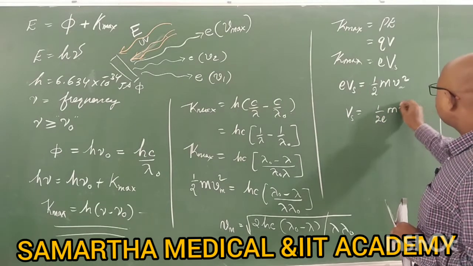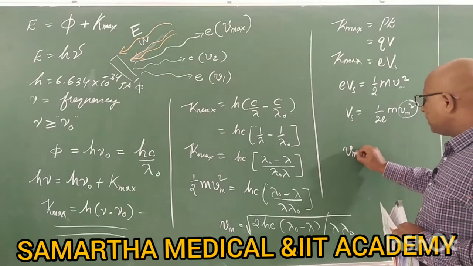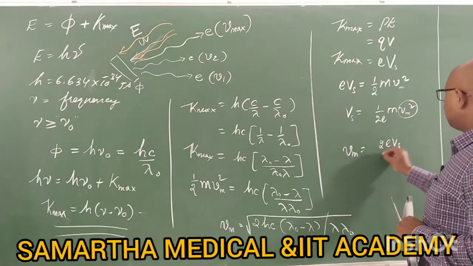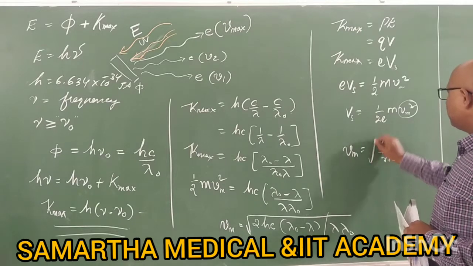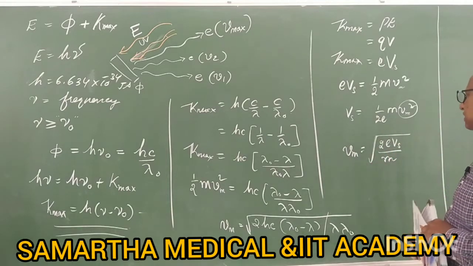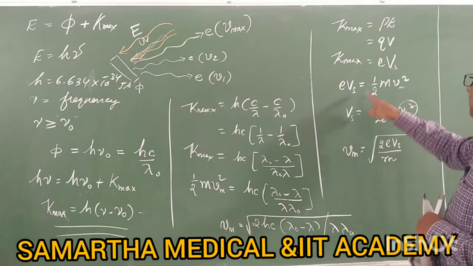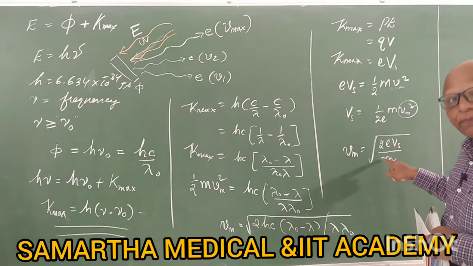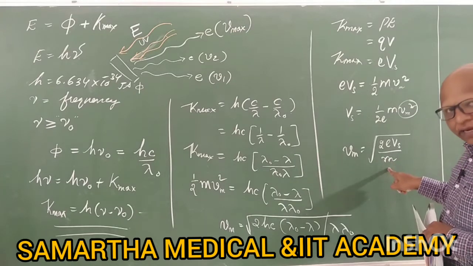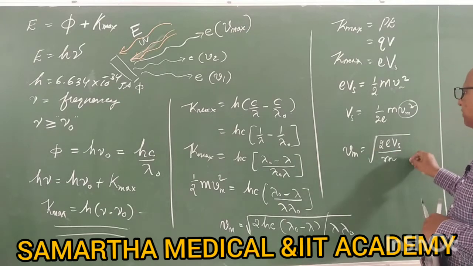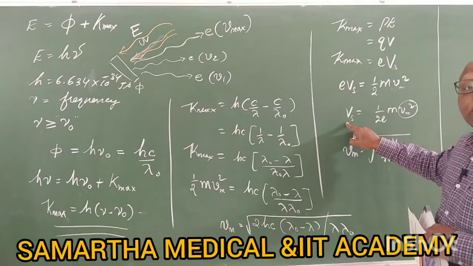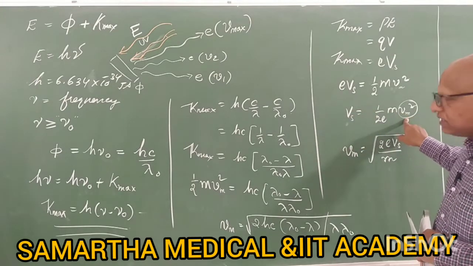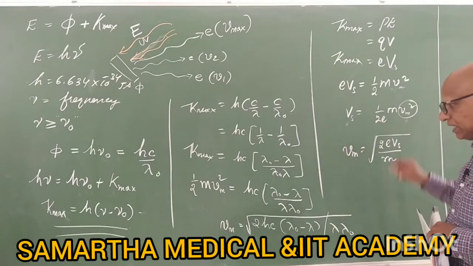Or if you are asked to calculate Vm itself, then Vm is equal to square root of 2eVs by m. That is the expression for maximum velocity. If you want to calculate maximum velocity by knowing the stopping potential and the electron's mass, you can use this expression, or if you want to calculate the stopping potential using the maximum velocity of electron, then you have to use this expression.